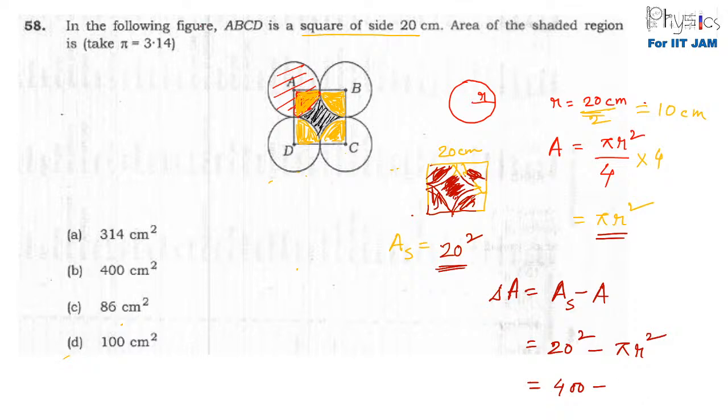Pi means 3.14. Now 3.14 multiplied by what is r? 10 centimeter, right? So 10 square, that means 100. So it will give us 400 minus 314, that is equal to 86 centimeter square, right? It is equal to 86 centimeter square. That means option C is the correct answer.